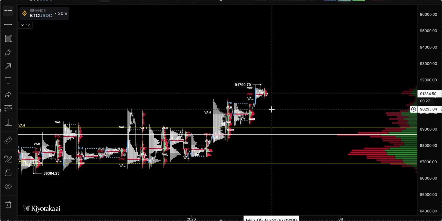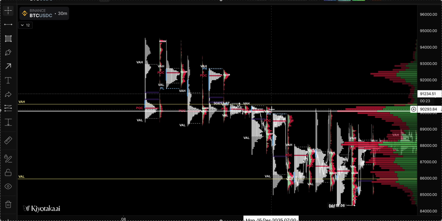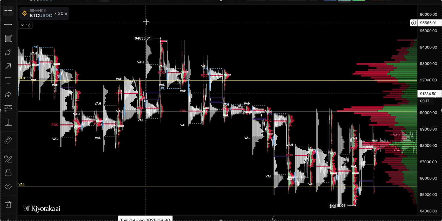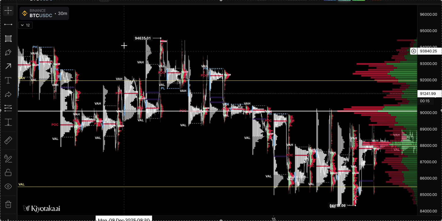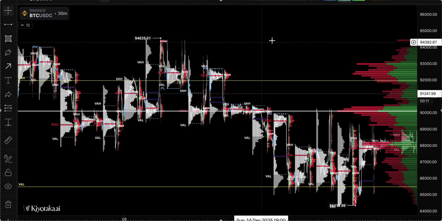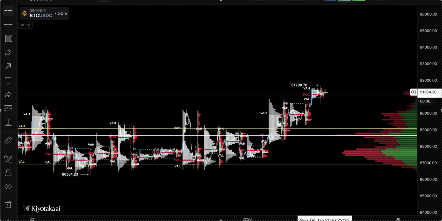Be mindful of that. Okay, if you see spikes like these ones, it could be an interesting place to take a short, but you want these spikes to be out of the range. You don't want the spike to be here.